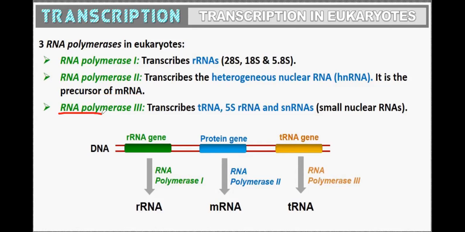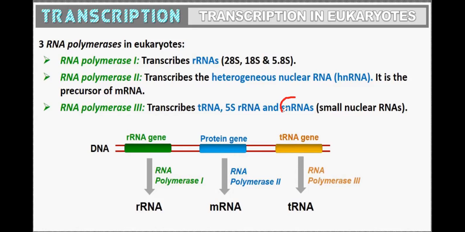RNA polymerase III transcribes transfer RNA, 5S RNA and snRNA. S stands for Svedberg unit. snRNA means small nuclear RNA.